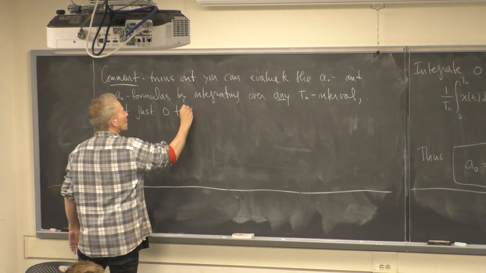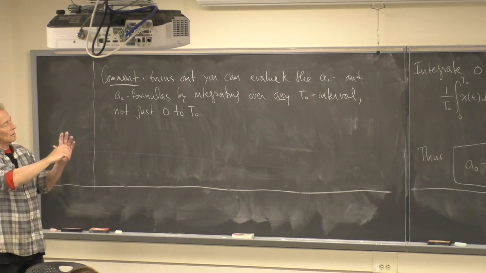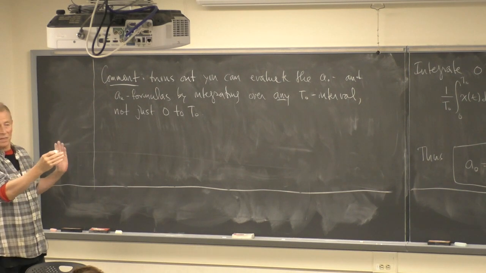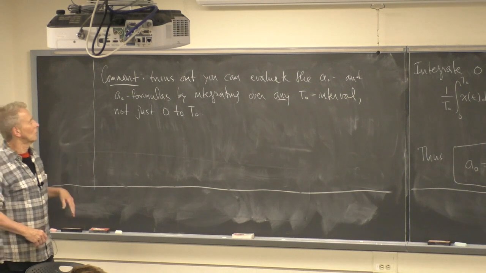And this might save you some work if x of t is expressed in such a way that the integrals are easy to do over an interval other than 0 to t0. But I just want you to know that.